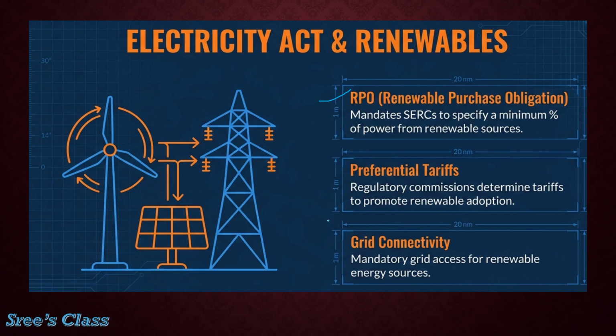Right now you can see because of this RPO itself, there are too many benefits, too many promotions for this renewable adoption. This entire thing is actually because of climate change and all those things. And grid connectivity is there for all renewables. I mean, it mandates renewable energy sources. There will be grid connectivity.